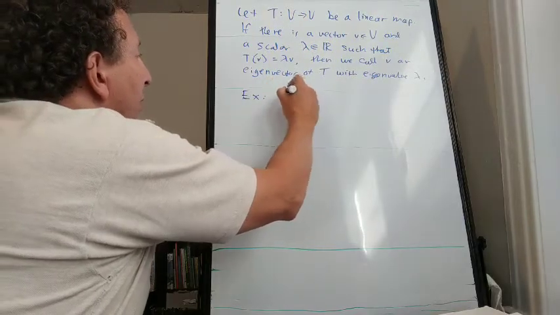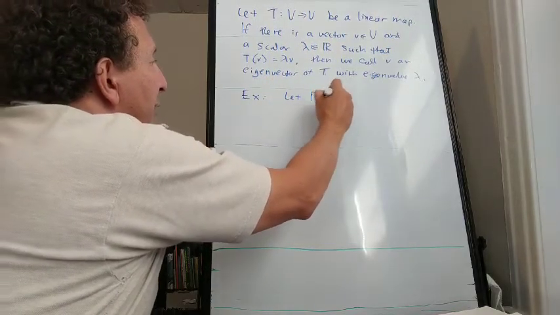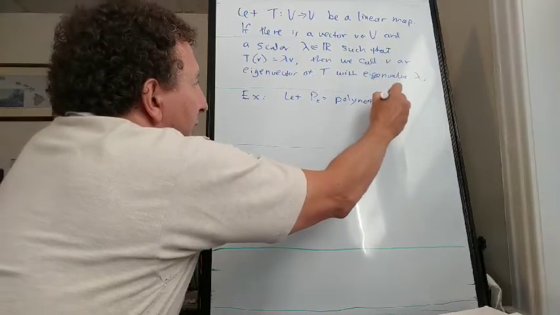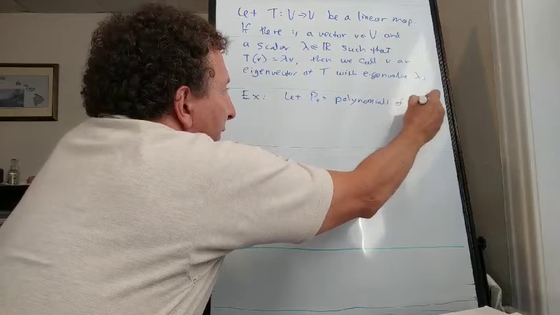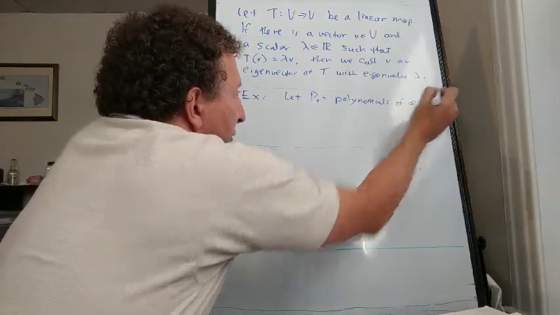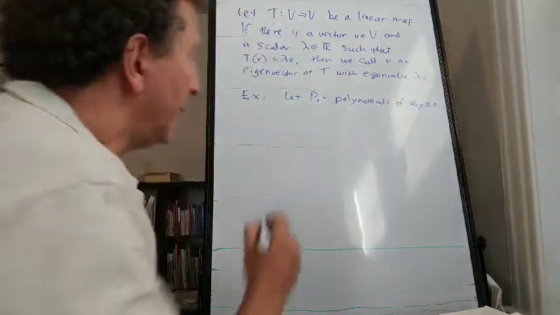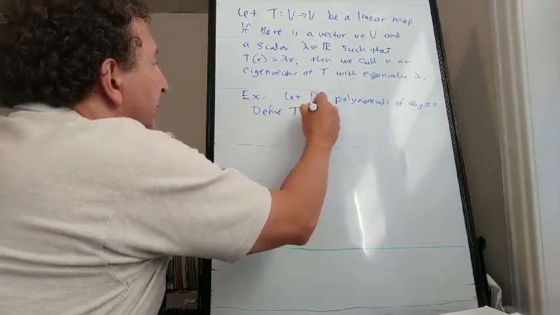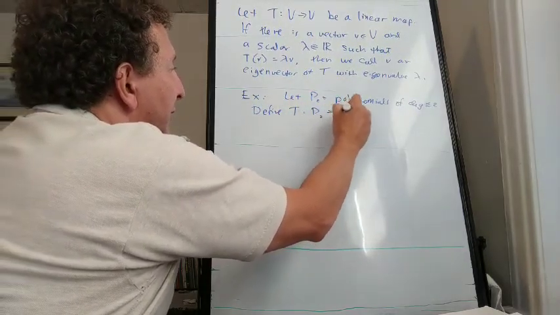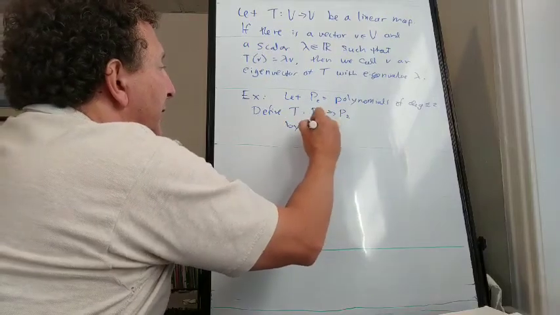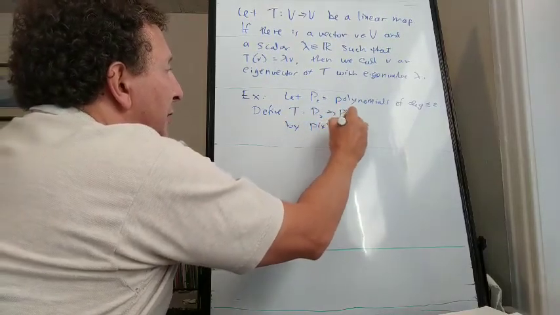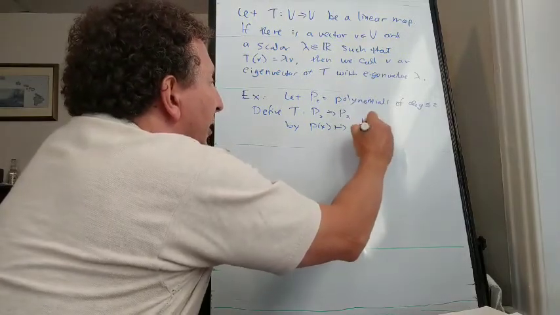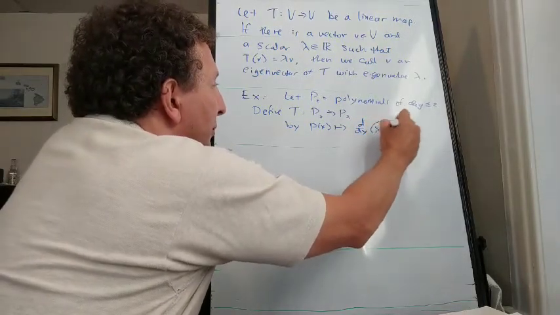So for example, let's let P2 be polynomials of degree less than or equal to 2. And let's define T from P2 to itself by sending a polynomial to the derivative of x times the polynomial.